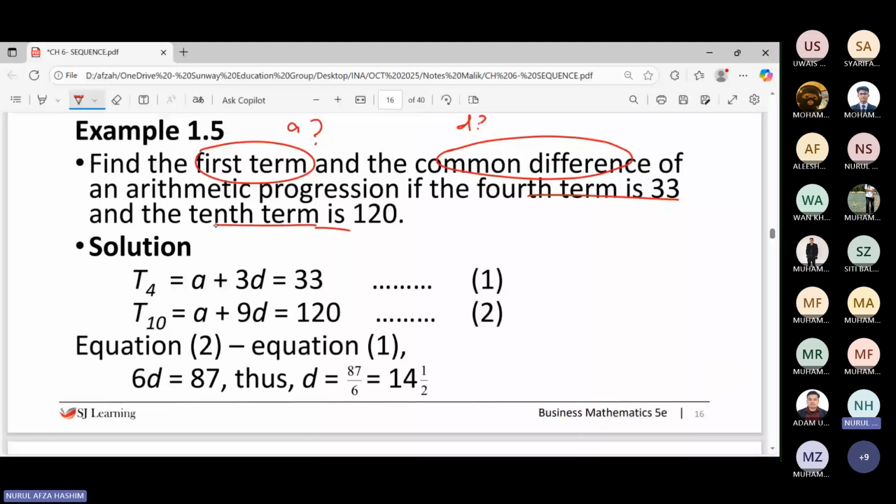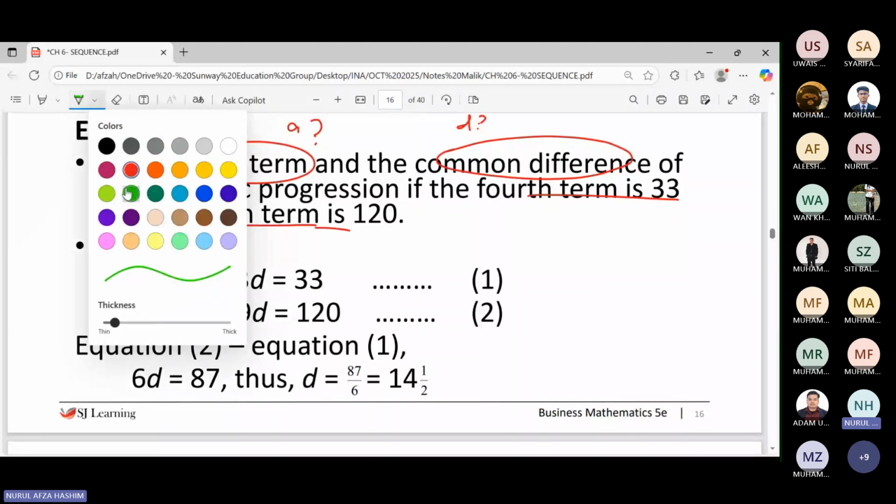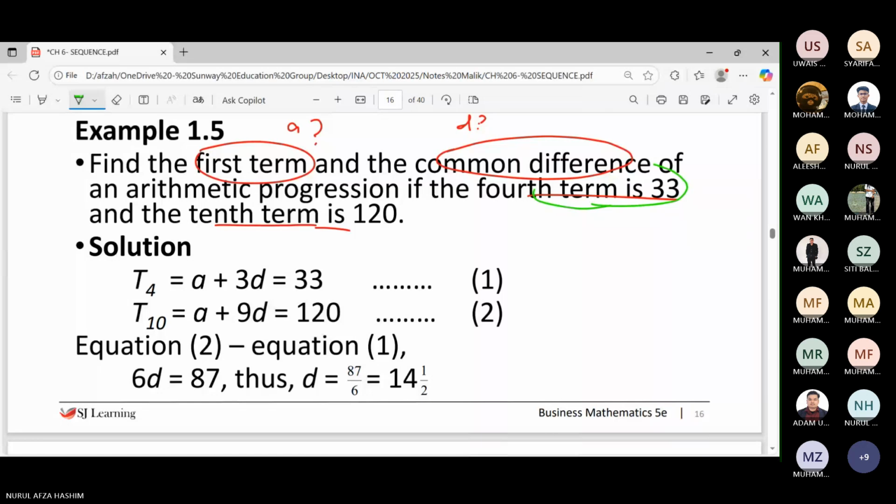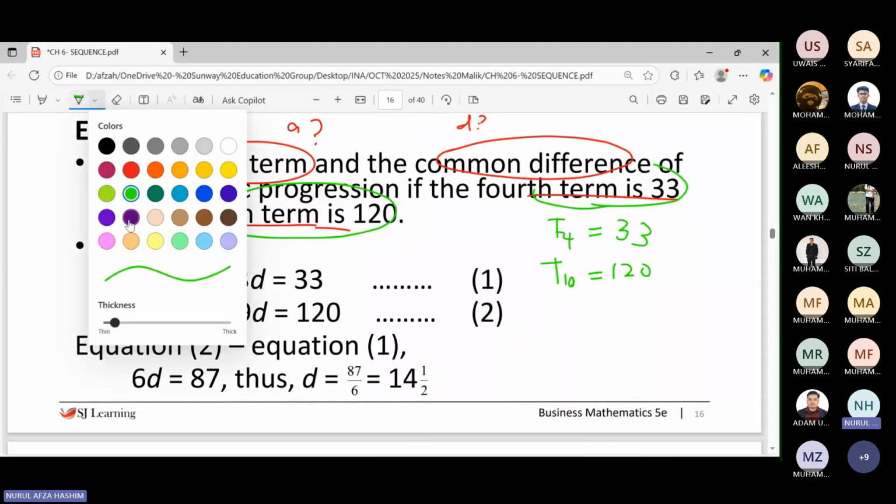So what do you mean by this? It means that for this one, term at 4 is 33. That's the meaning. Here, term at 10 is 120. That's the meaning. But you know the formula that is given to you. You know the Tn formula.